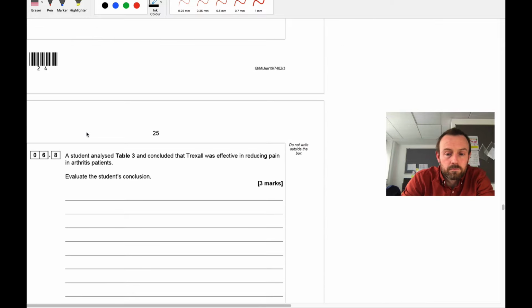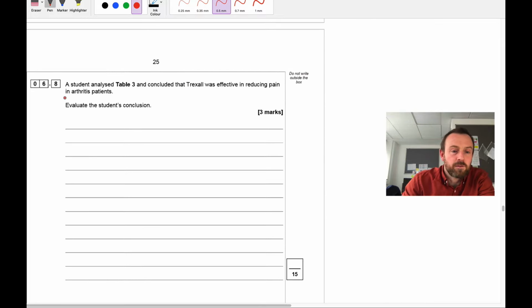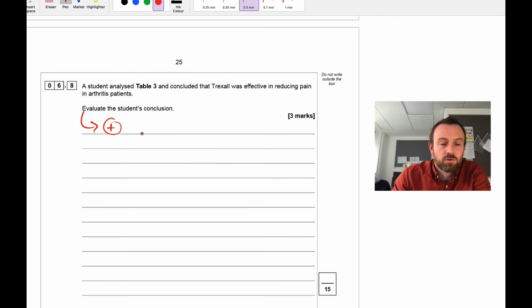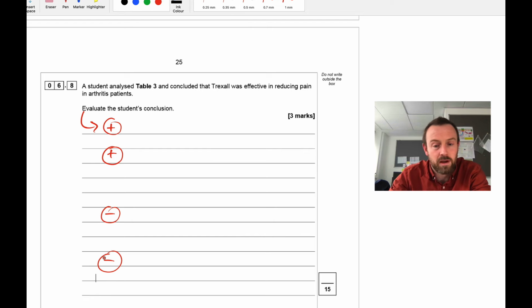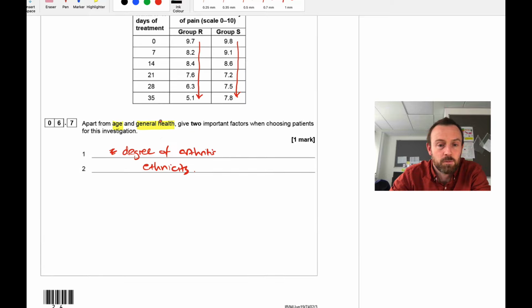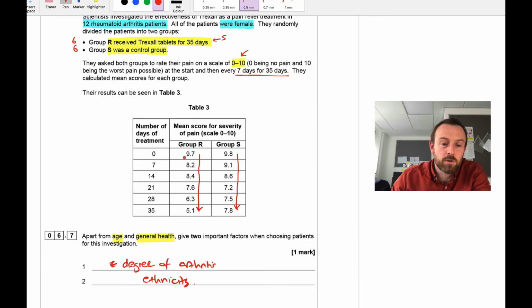Okay, well, evaluate here, let's always try, if it's a 3 mark, we still try and say 2 positives and 2 negatives, because if we say 4 things, even if 1 is wrong, we get 3 marks. So let's go for the 2 positives first. One positive, there was a large reduction in the group R from 9.7 to 5.1, and the overall trend was decreasing. That's a positive.